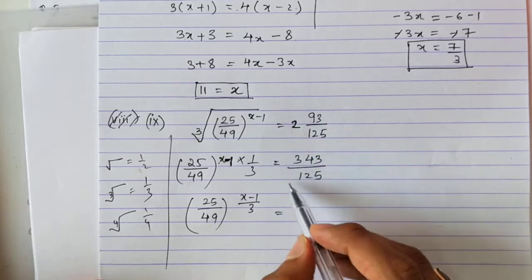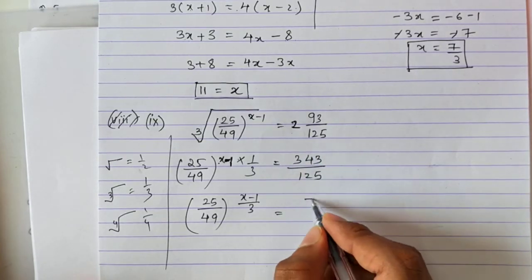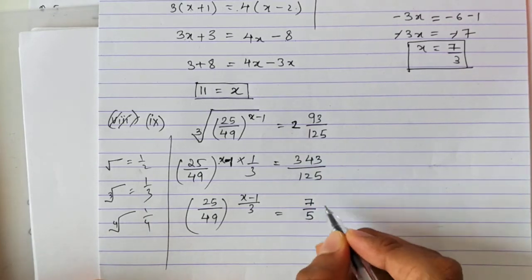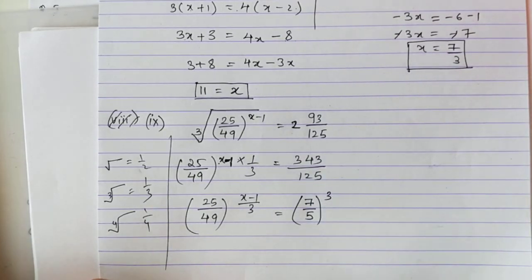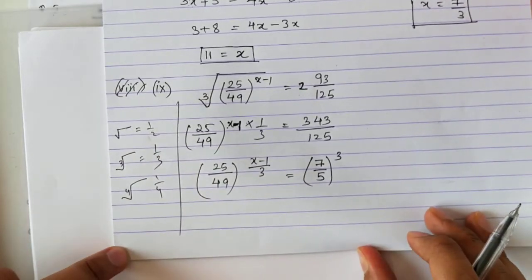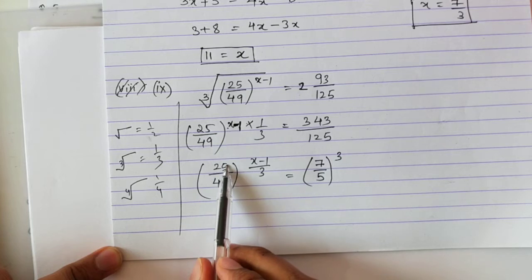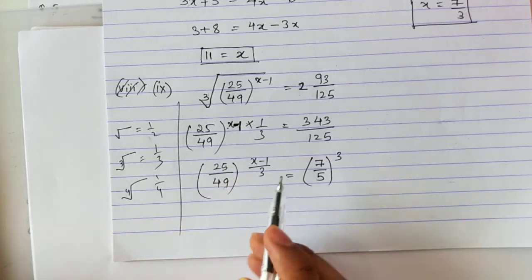But if you observe this carefully, 343 is 7 cube and 125 is 5 cube. Then this 25 and 49 also. This 25 is 5 square and 49 is 7 square.